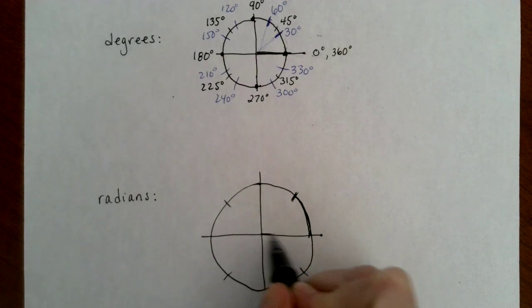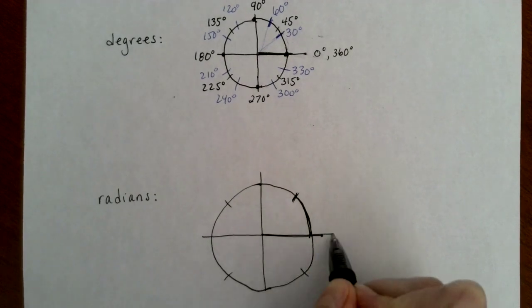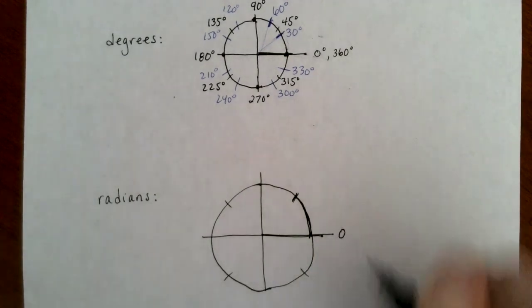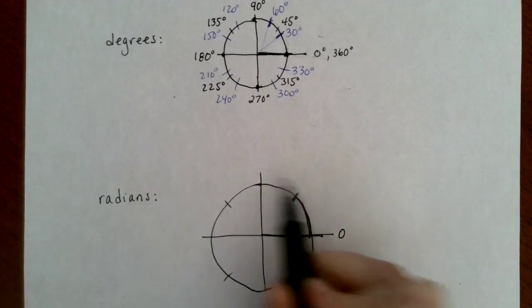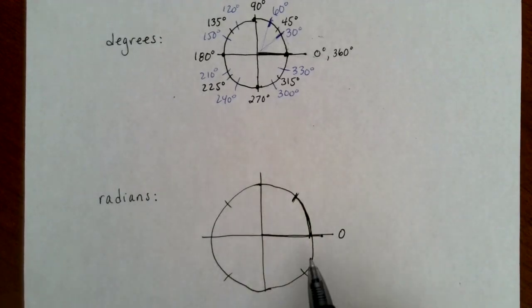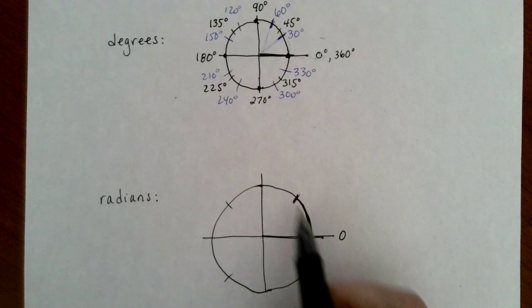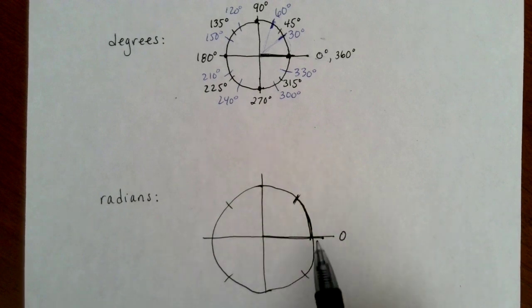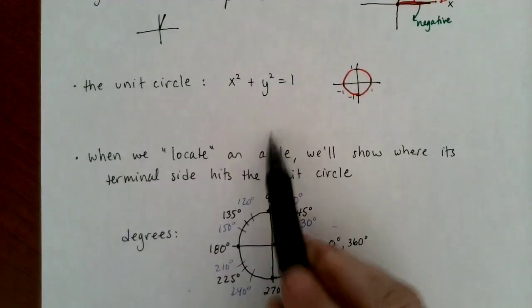So we still have the same starting position. So this is 0 radians. And then one full loop around, we would have called 360 degrees. And now we're going to call it the circumference of the circle, which is 2 pi r, 2 pi times 1, because the unit circle's radius is 1.